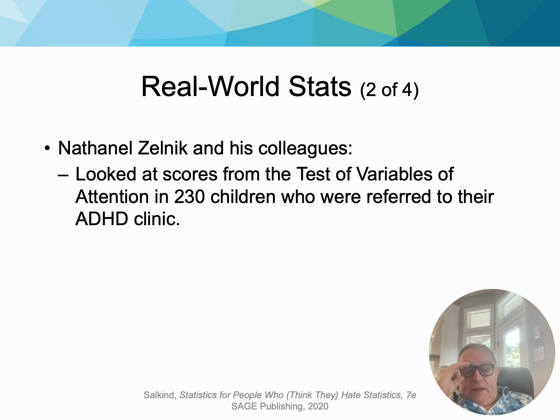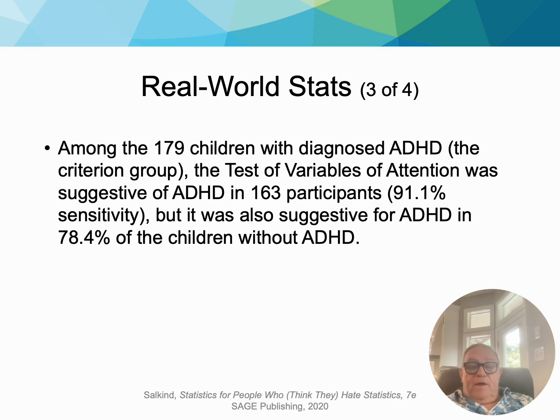Nathaniel Zelnick and his colleagues looked at scores from the Test of Variables of Attention in 230 children who were referred to their ADHD clinic. Among the 179 children that were diagnosed with ADHD, and that was their criterion group, the test, that's the name of the test they were given, was suggestive of ADHD in 163 participants, or 91% sensitivity.